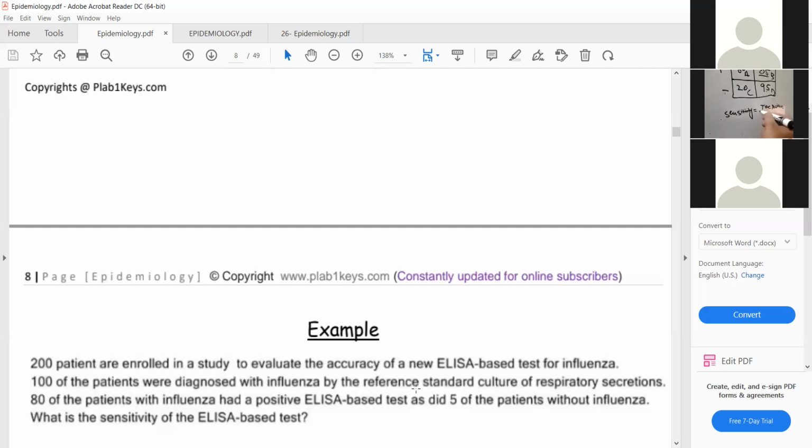So true positive divided by total, that is true positive TP plus false negative FN, or the total number of patients in the disease column. True positive here is 80 and total is 80 plus 20, which is 100. 80 over 100 is 0.8.